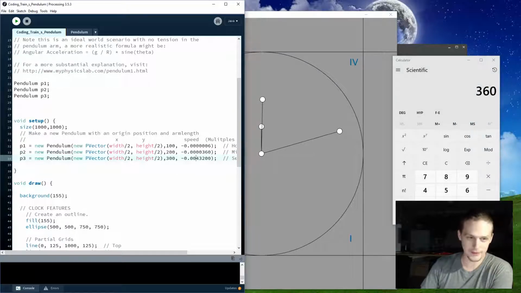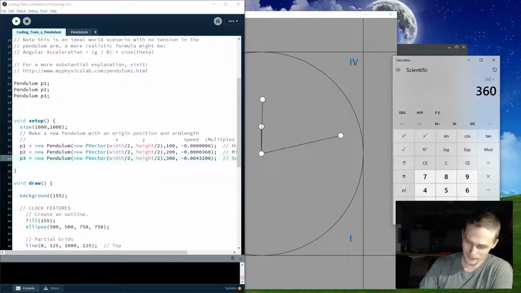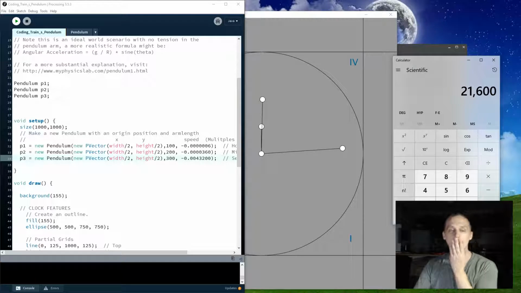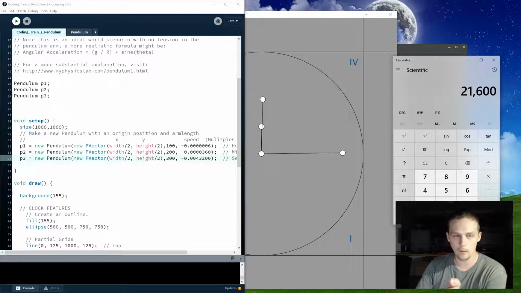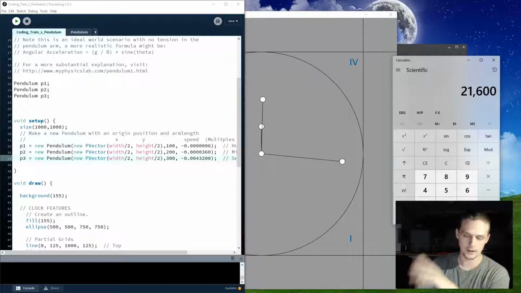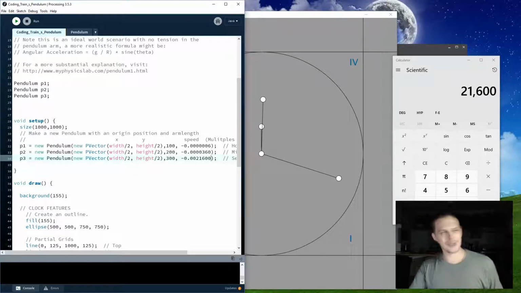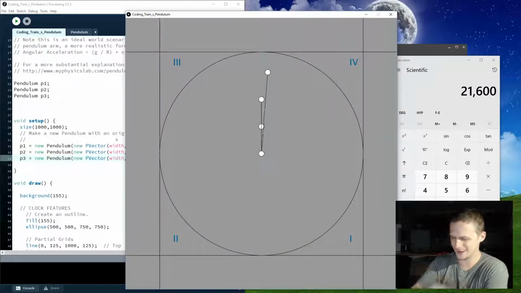It's like it's built to do this. So multiply 360 times 60, which is 21,600. How do you get the 3 into a 1? Oh, because 12 divided by 2 would be 6, and then you take the 1 away. Or I could just make it sound like I know what I'm talking about. Yeah, I knew that the entire time. Okay, that looks better. Oh, that looks so much better.